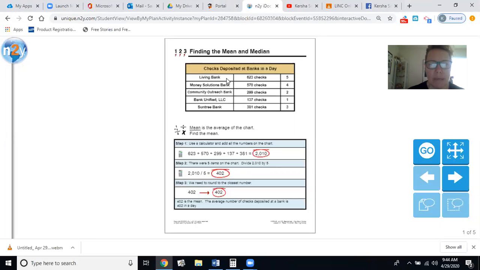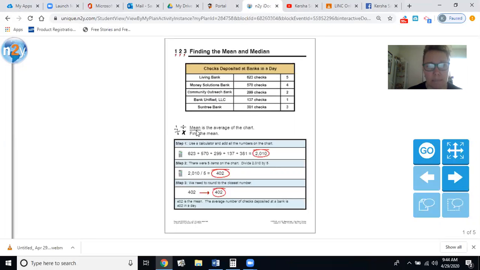So like the Living Bank has deposited 623 checks, Money Solutions Bank, 570 checks, Community Outreach Bank, 299 checks, Bank Unified, 137 checks, and SunTree Bank, 381 checks.